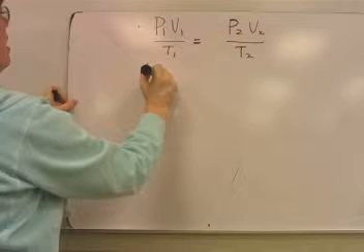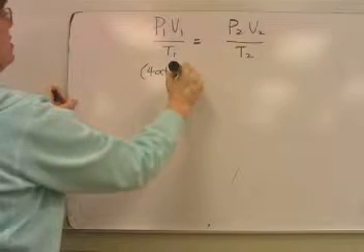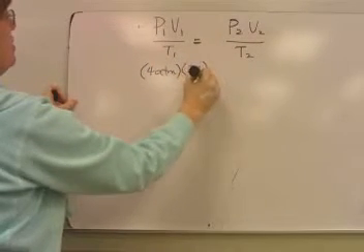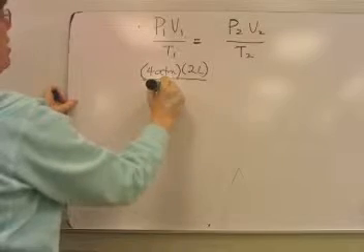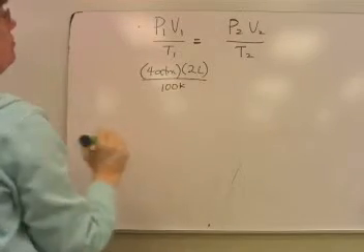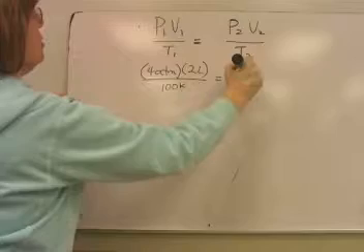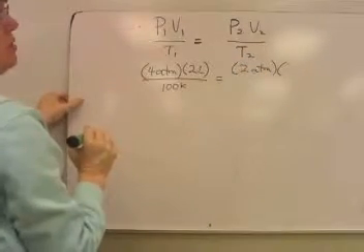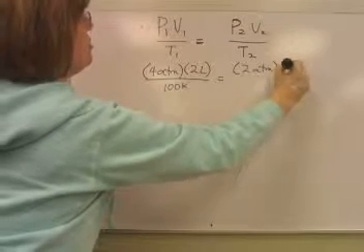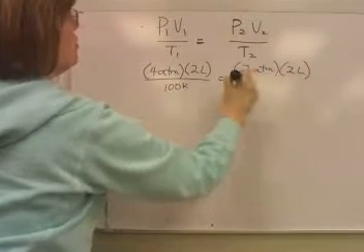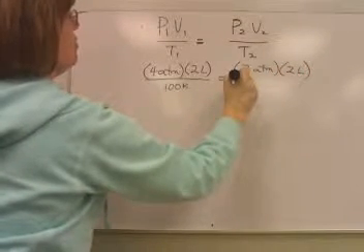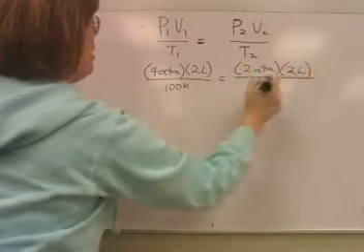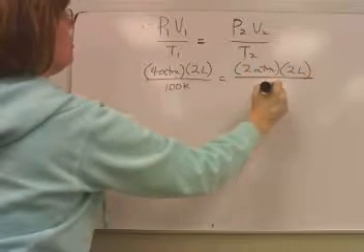So we have 4 ATM times 2 liters divided by 100 Kelvin equals 2 ATM times 2 liters divided by our temperature.